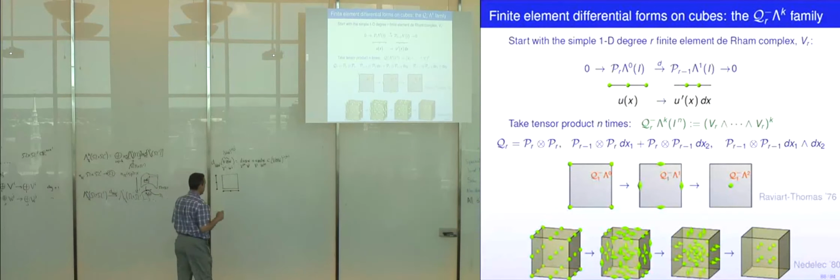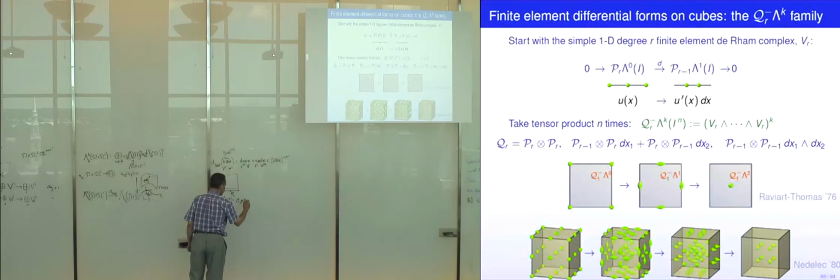And the functions are going to be, well, for the 0 forms, they're just going to be the tensor product of the 0 forms. So this is lambda 0h, and lambda 0h of the square is going to be just lambda 0h tensor lambda 0h of the interval.